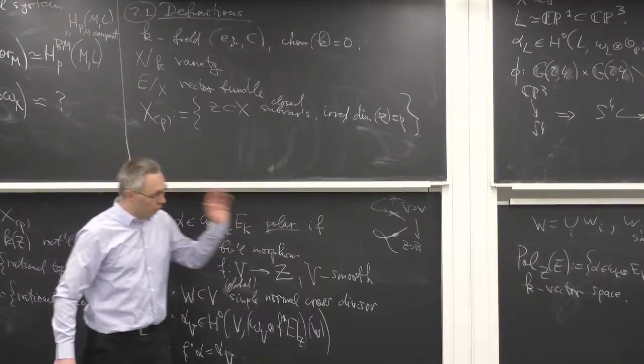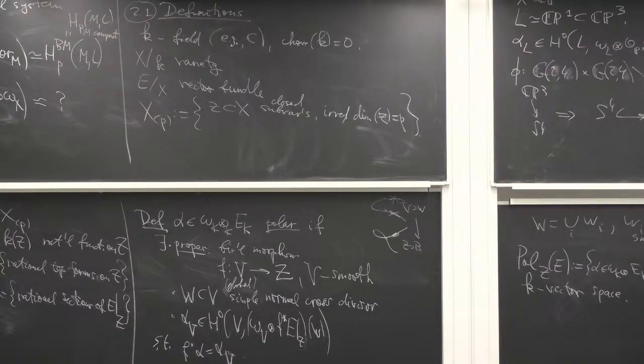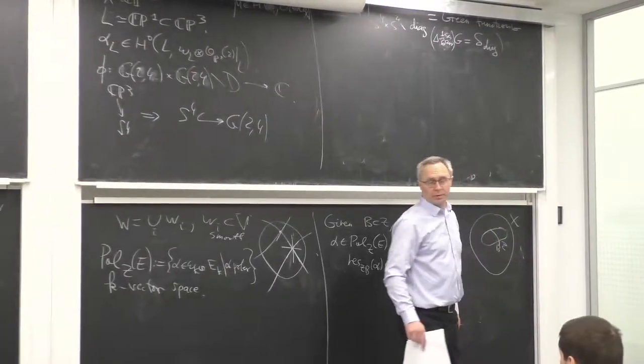And then you push down from this component, which maps surjectively and properly, so you can take a push forward back to B. So the residue is defined.